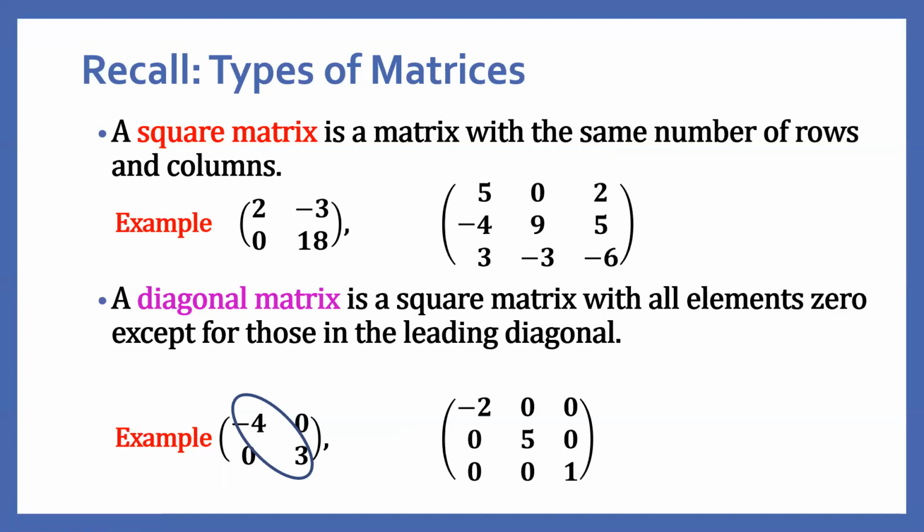So here for the 3 by 3 matrix, this is the leading diagonal. The elements in the leading diagonal are not 0, but the remaining elements are 0.